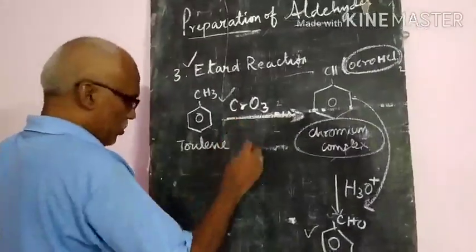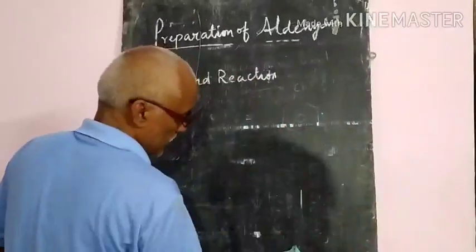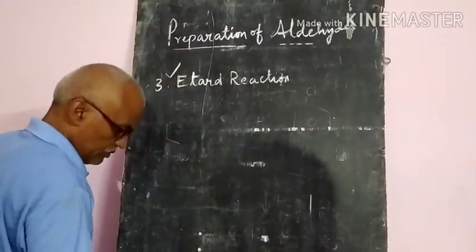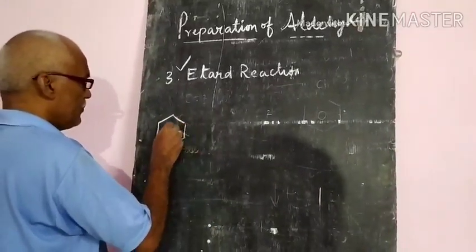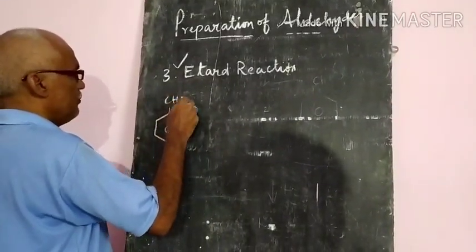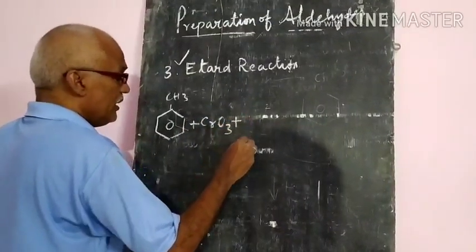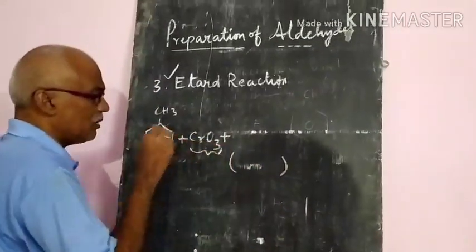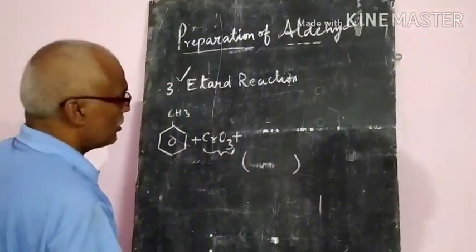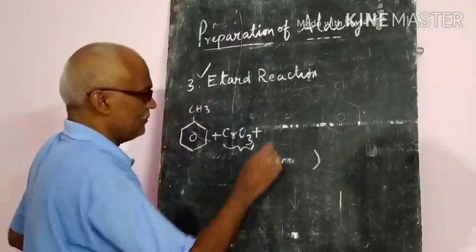Let us see the reaction again. Toluene in the presence of chromic oxide, CrO3, but here we have to take one more compound, acetic anhydride.